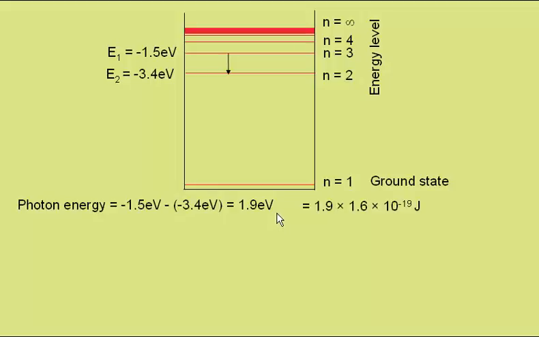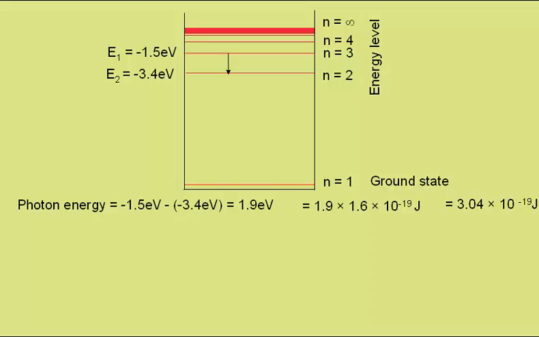To get from electron volts to joules, as we must do, we multiply electron volts by the charge on the electron, 1.6 times 10 to the minus 19, and that gives us an energy of the photon of 3.04 times 10 to the minus 19 joules.